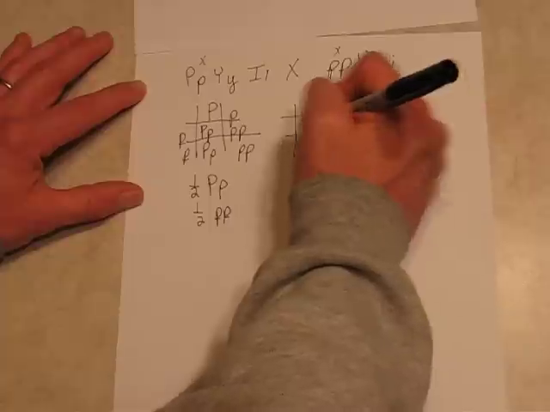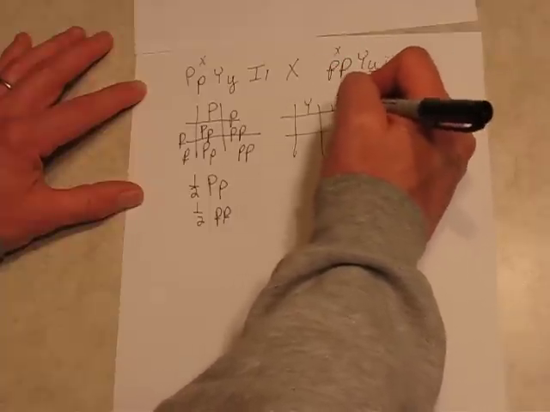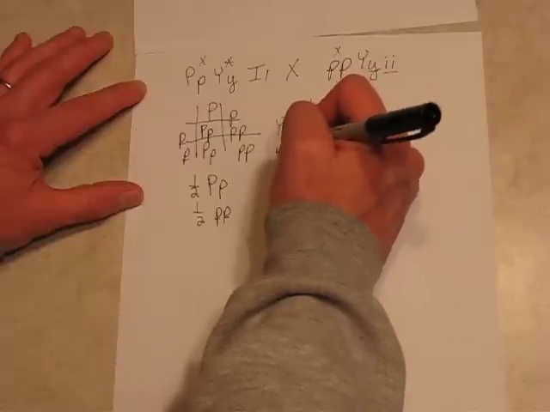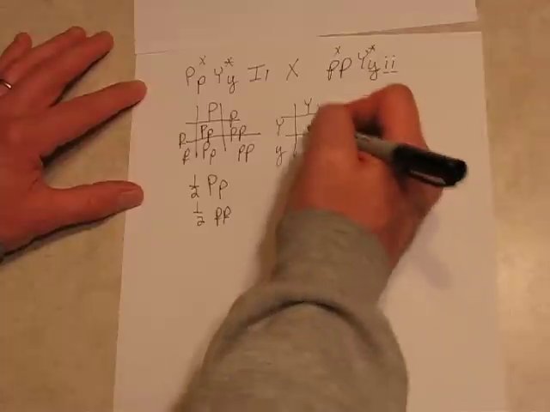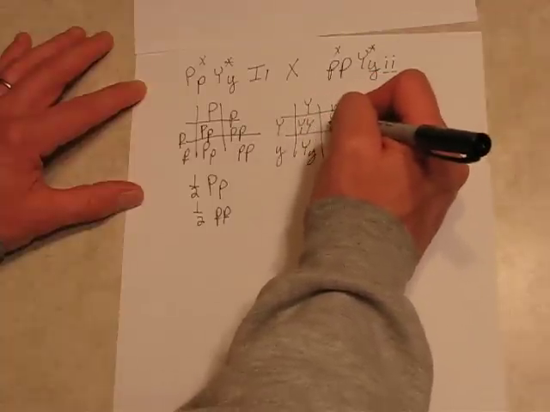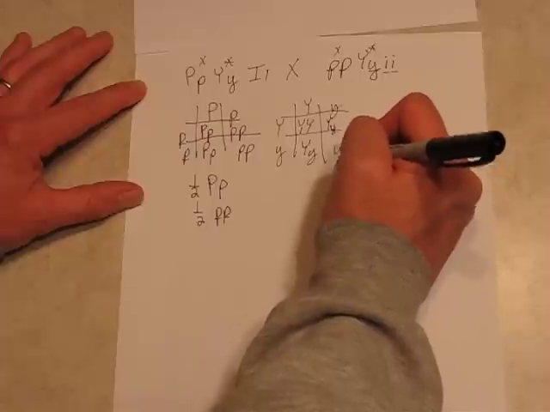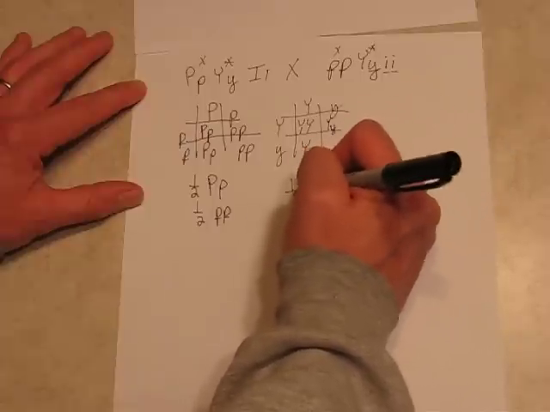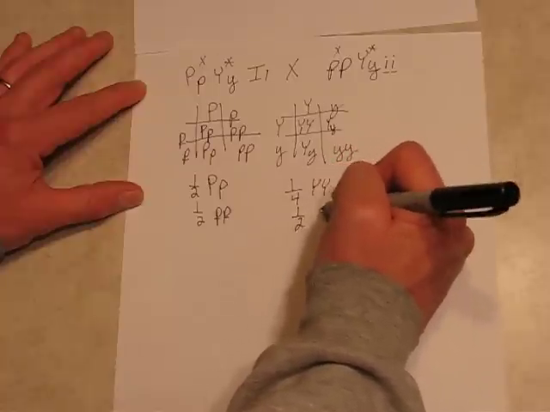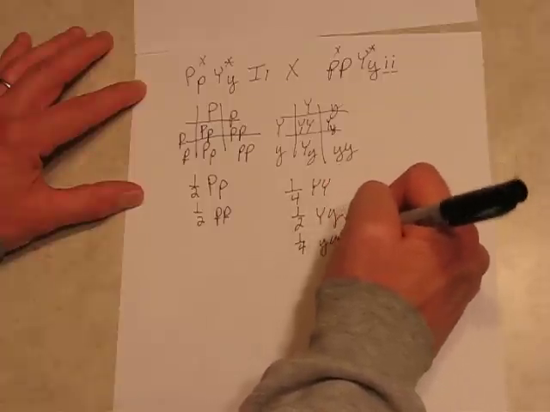Then let's do it for seed color. Big Y, little y, I get that from here, and big Y, little y, I get that from there. Let's do a simple Punnett square. So 1/4 will be big Y, 1/2 will be big Y, and 1/4 will be little y.